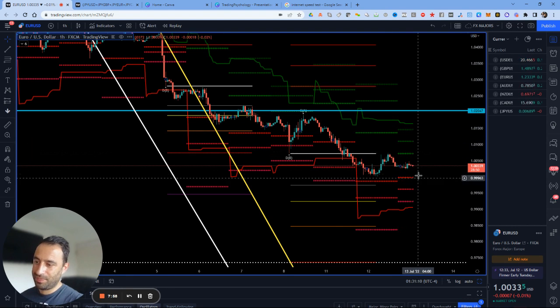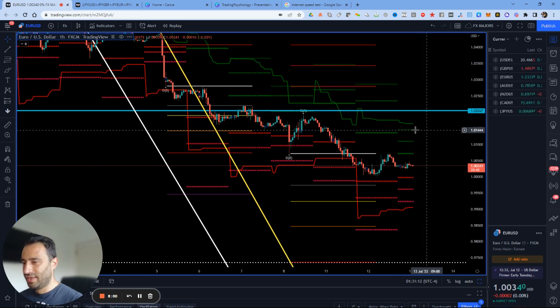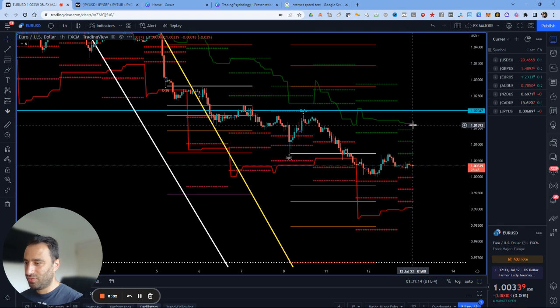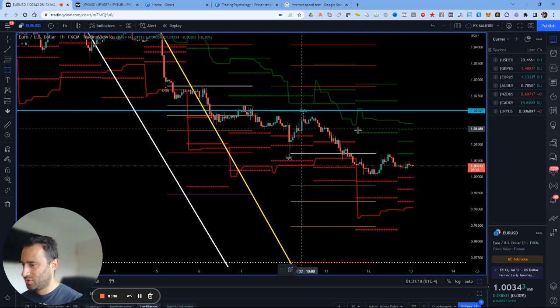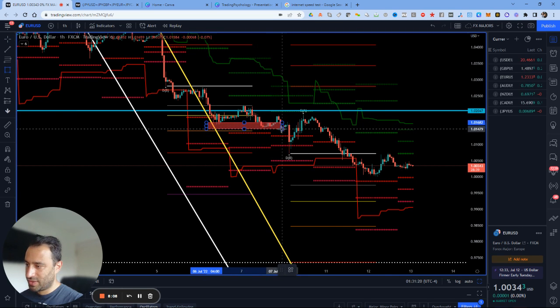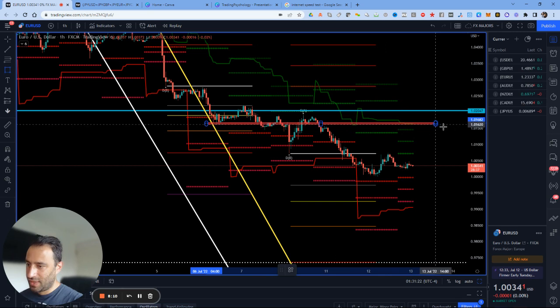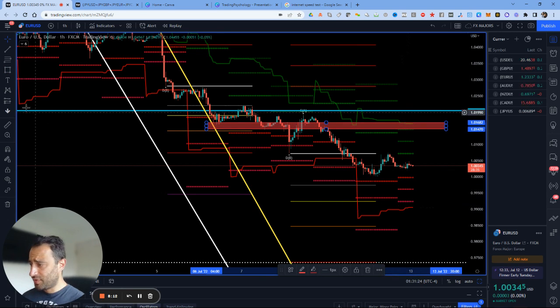So if there was a surprise, then this would be a really, really great sell area. So this is an extreme, and you can see there's a really good level there. So if this market was to go up off the back of the data, then we could be looking to sell euro dollar there.